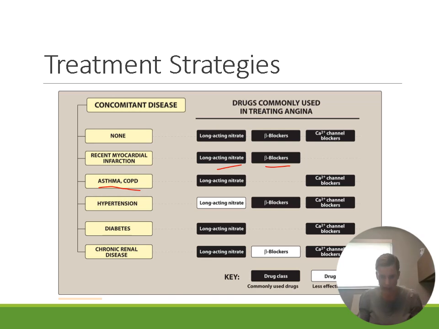Because remember, in asthma, we use beta agonists to cause bronchodilation. So a beta blocker could cause bronchoconstriction. Again, there are selective beta blockers where you're not as worried about that, but nothing is 100% selective. So the other agents might be preferable.